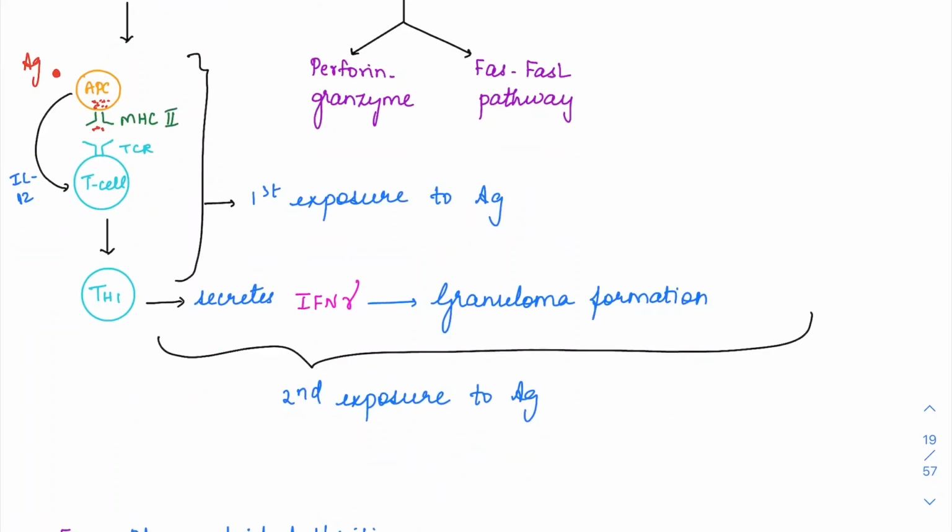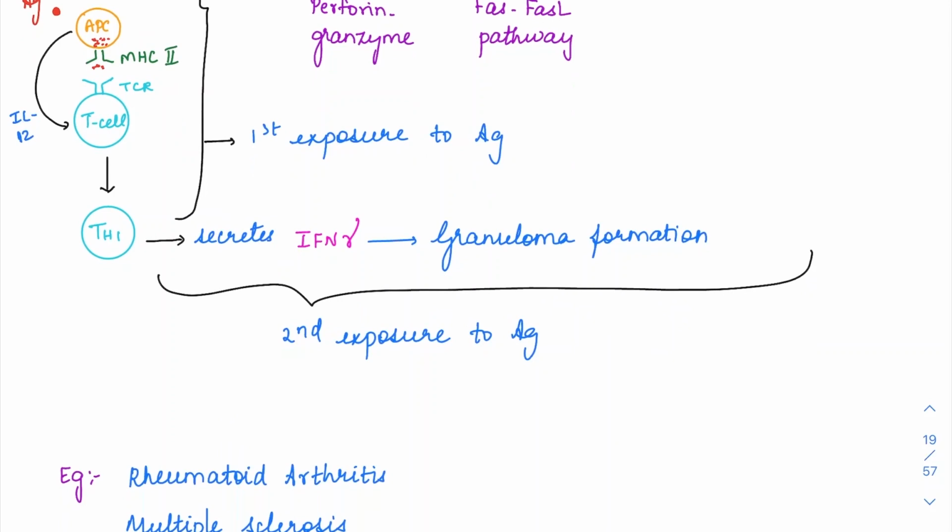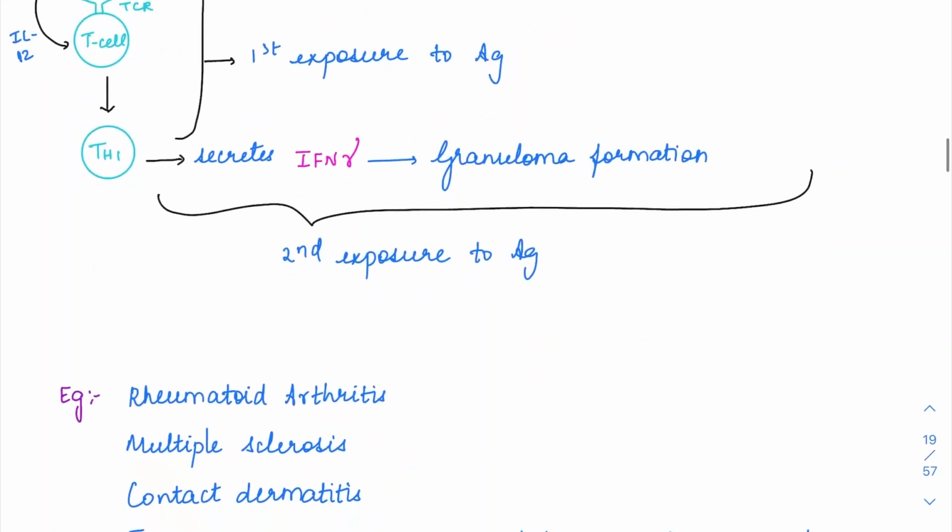Under CD4 helper T cells, we have the initial interaction between the MHC complex, which is basically the MHC2 complex, with the T cell receptor, which is going to activate the T cells, and the T cells will get converted into T helper subsets. If it forms the TH1 subset, it produces interferon gamma, because interferon gamma is the one responsible for granulomatous formation.